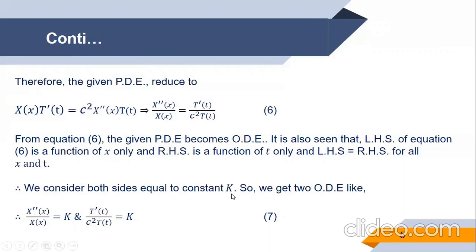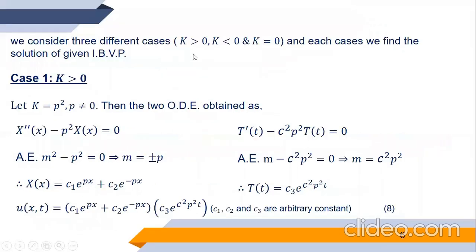So we get two ODEs like this, first term equal to k and the second term also equal to k. Now this is a second order ODE. So we consider the different cases, k greater than 0, k less than 0, and k equal to 0, and in each case we find the solution of the given initial boundary value problem.